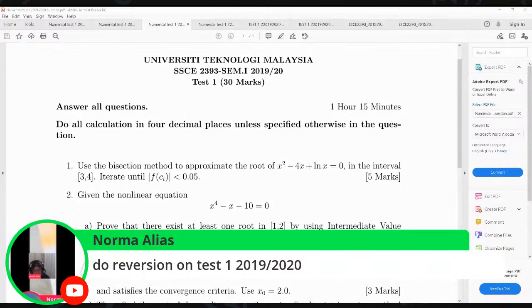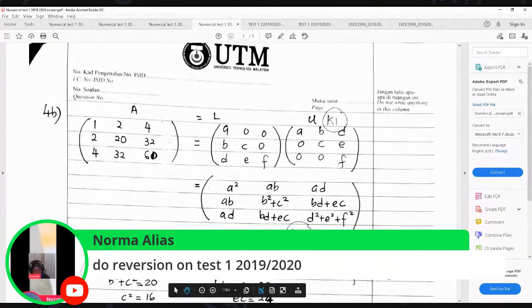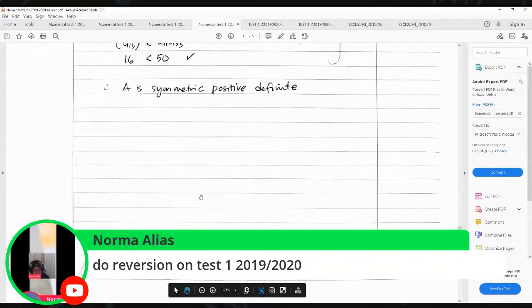So you need to know. Okay, so we continue to solution for test one. We go to solution. So I hope I share with you the solution. All right, so the solution for test one.